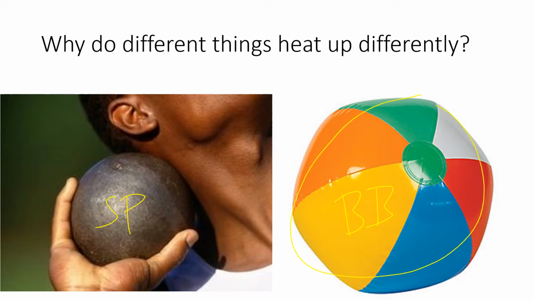So something like this right here isn't going to take as much energy to get moving faster and therefore raise its temperature, as opposed to something like a shot put. Man, it's going to take a lot of energy to get a shot put moving fast. So every item, every material has its own specific heat, or specific amount of energy that it takes to raise its temperature.